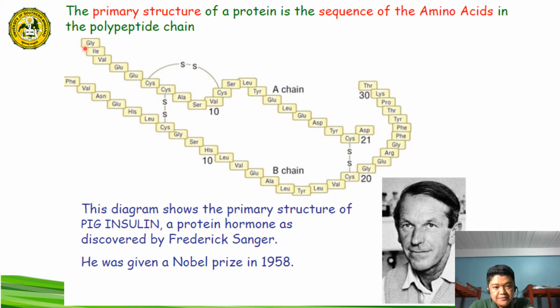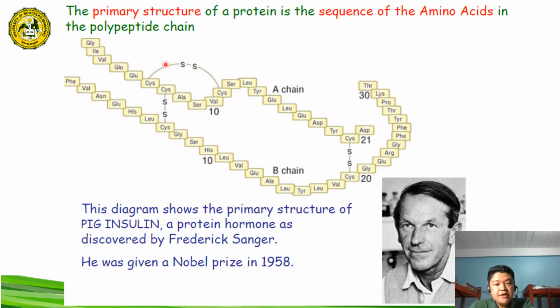So the same, we still have here 21 amino acids for the A chain and 30 amino acids for the B chain. The N terminal amino acid here is still the same. We have here glycine and asparagine as our 21st amino acid. For the B chain, we have phenylalanine and threonine at the 30th amino acid.